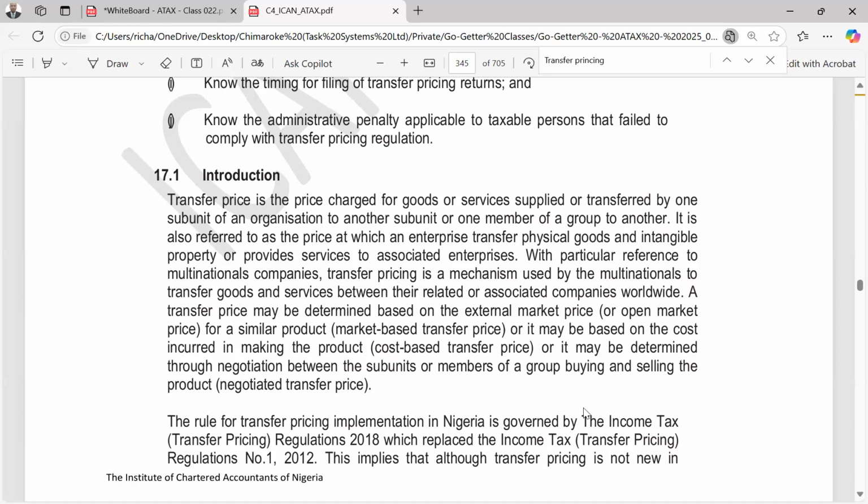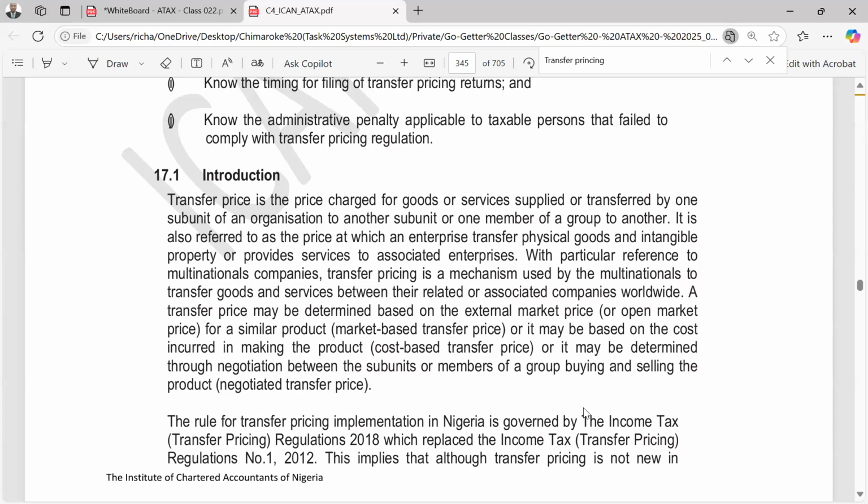Now, when we talk about transfer pricing, we are talking with particular reference to multinational companies. So we are not dealing with local players. When we discussed transfer pricing in performance management, it was safe to use local players to understand the concept, but it goes beyond that.